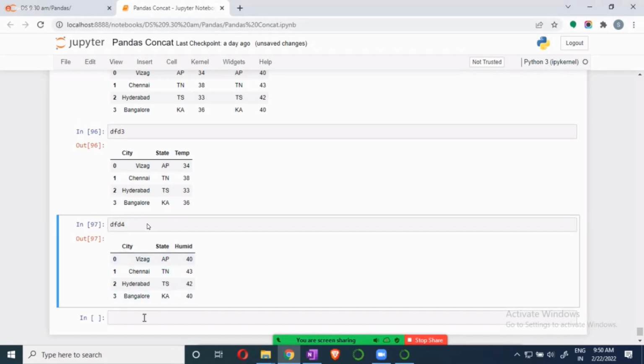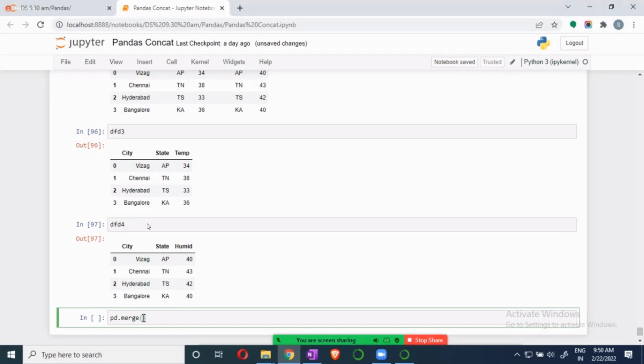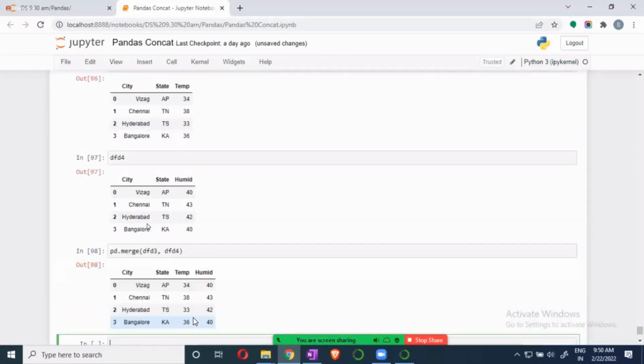If you are going to merge them, pd.merge(df_d3, df_d4), how will it merge, guys? If I'm not giving on, it will merge based on both common columns over here.